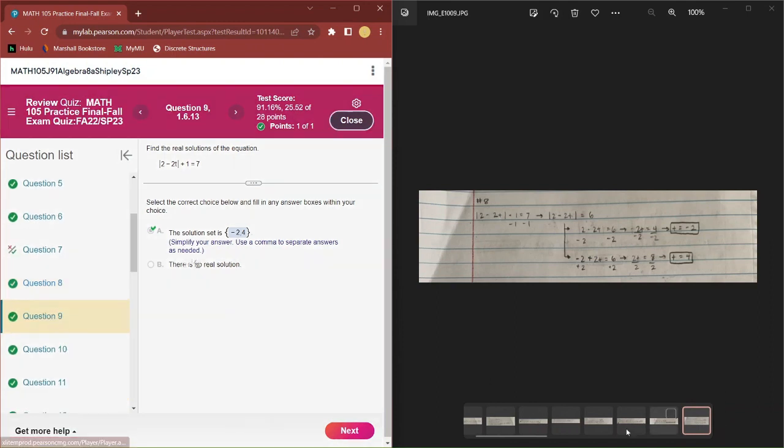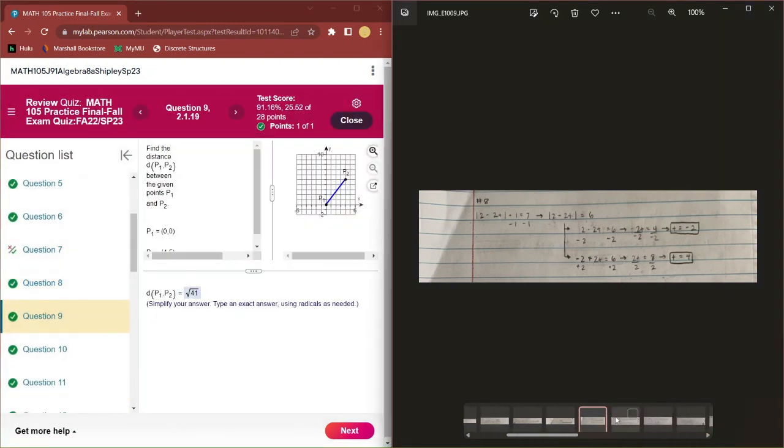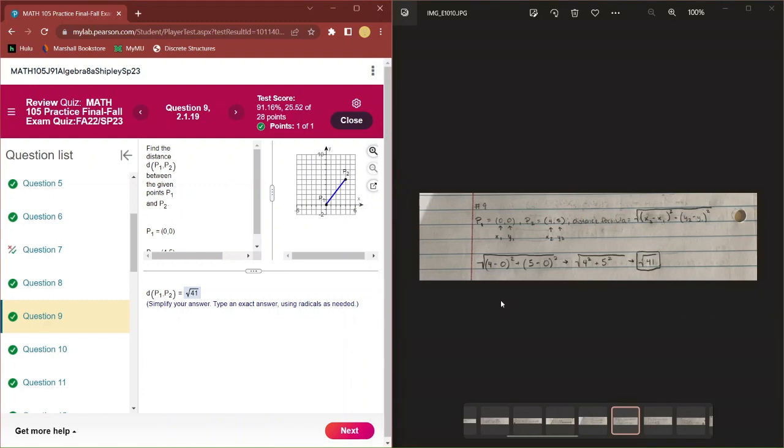All right, number 9. So here you have to find the distance between these 2 points, and here are the coordinates of the points. And so here's the distance formula. It looks a little bit scary, but all you do is run squared plus rise squared. It's the Pythagorean theorem.